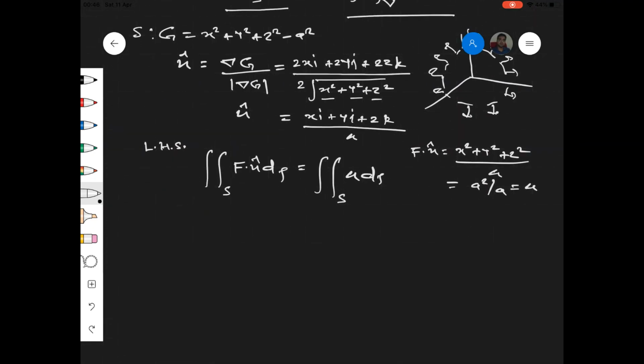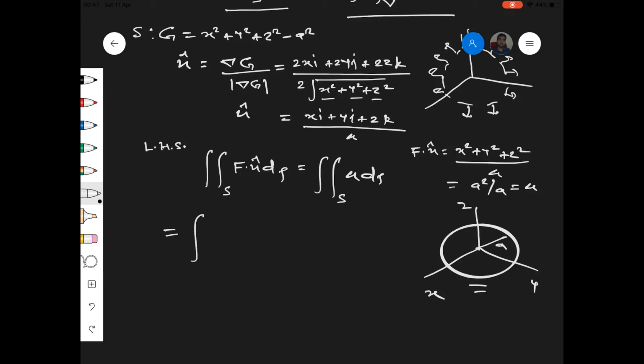Now to evaluate this surface integral, we need to take the projection of this surface in any one of the planes. So if you take a sphere here, and suppose this is x-axis, y-axis and z-axis, and if you take the projection of this sphere into xy plane, it will be a disk of radius a. So let's take its projection into xy plane.